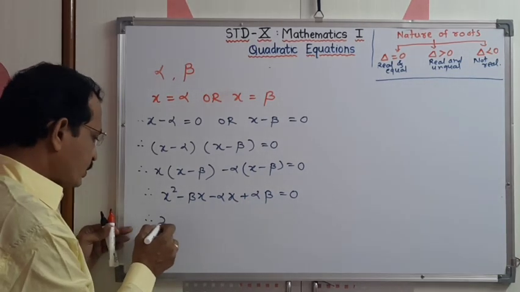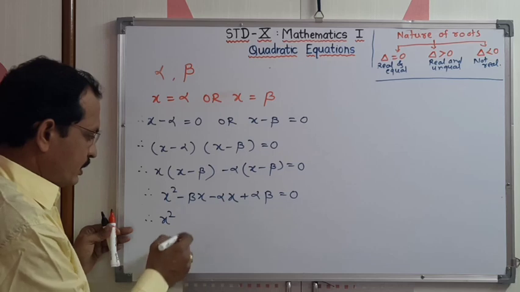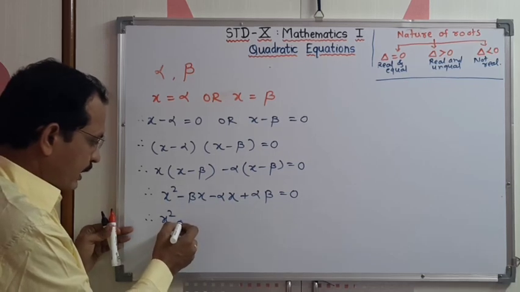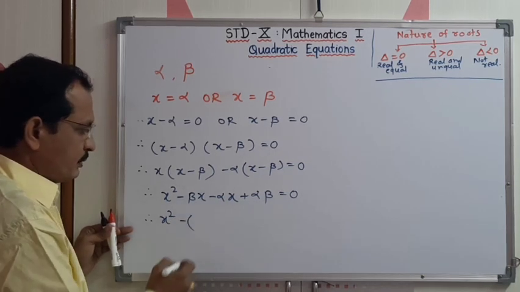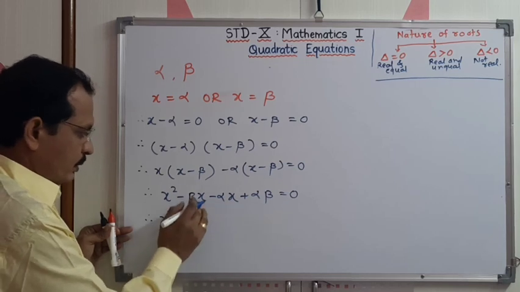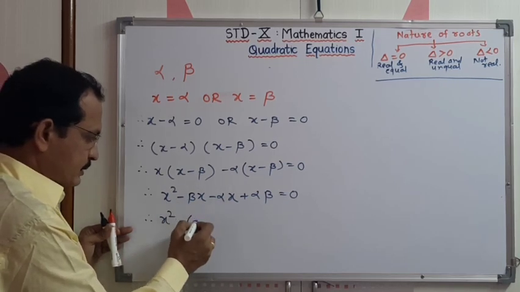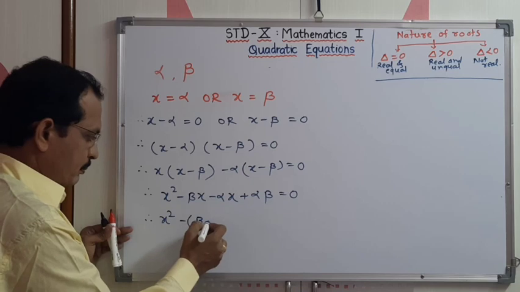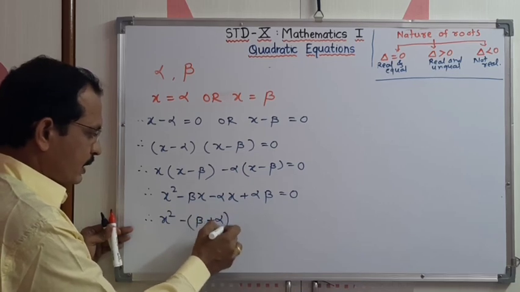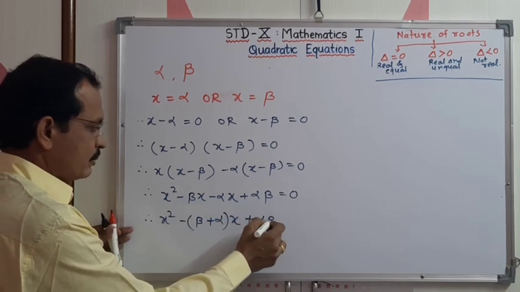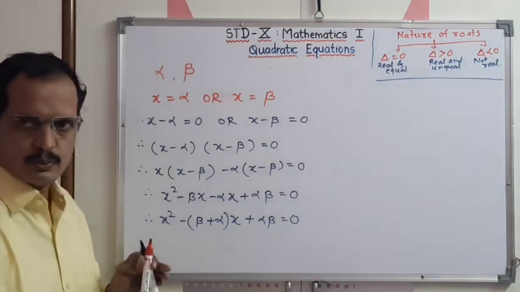Now dear student, we can write x square minus (alpha plus beta) into x plus alpha beta is equal to 0.